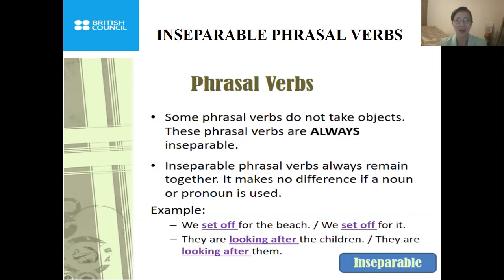An inseparable phrasal verb is a type when we do not have any object between the verb and preposition. For example, we set off for it. We do not have anything between the verb and preposition. Clear? Okay, next.